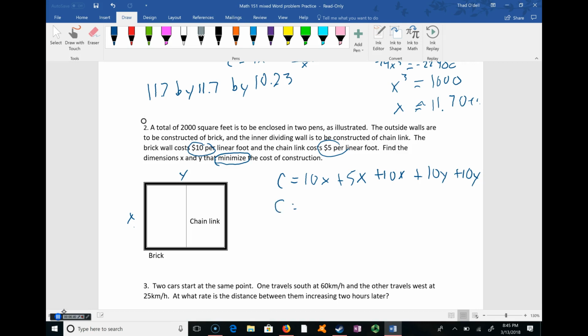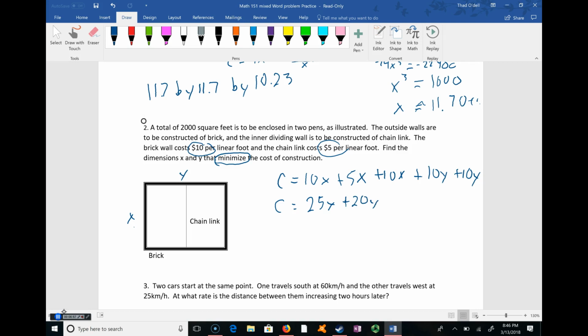So we get C equals 10 plus 15, so that's 25x plus 20y.